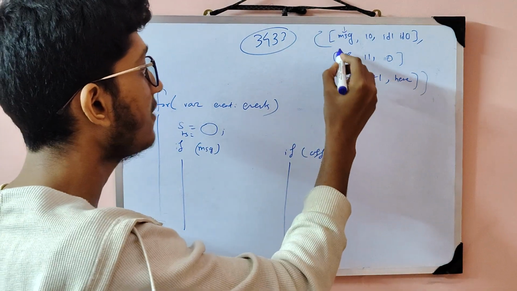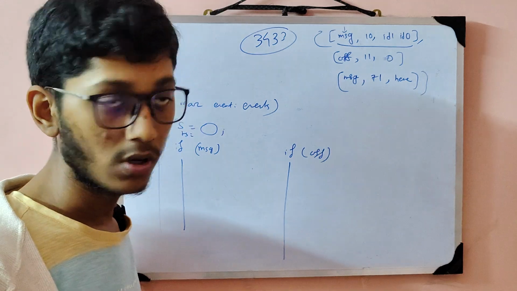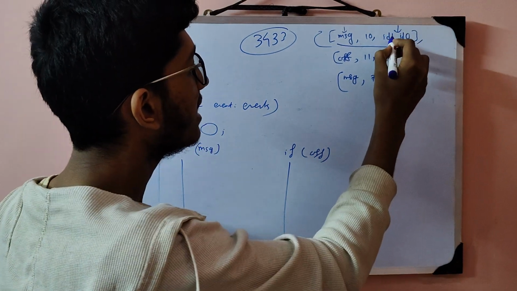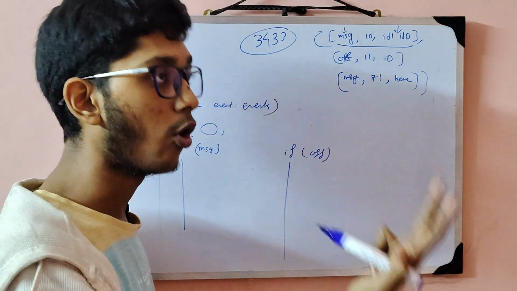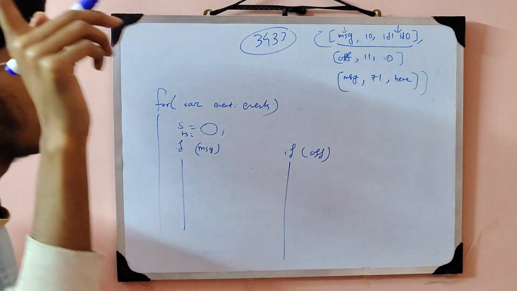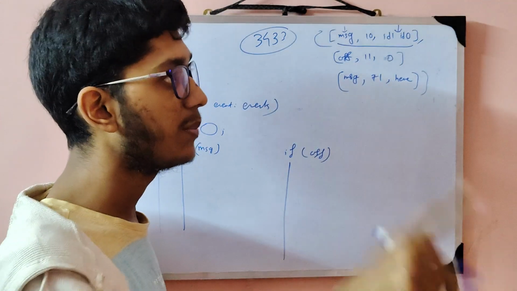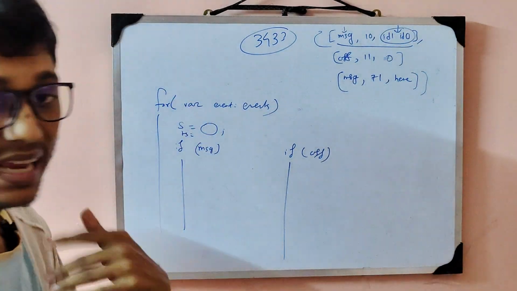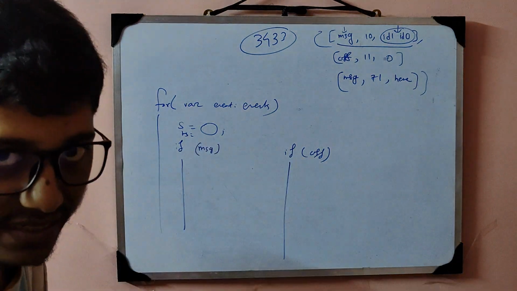And if it is a message, we need to check what is here. Here it can be IDs, here it can be ALL, or here it can be HERE. For HERE we need to check how many are offline or online. For IDs, we need to extract the IDs. How can you extract the IDs?